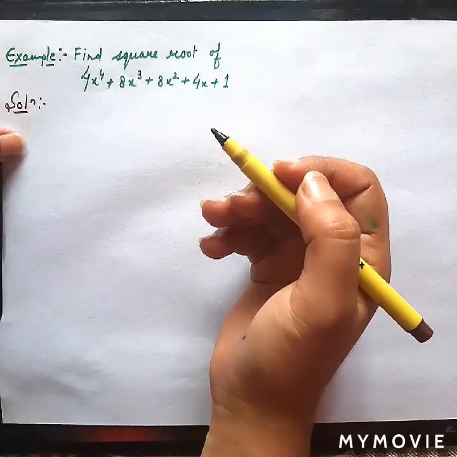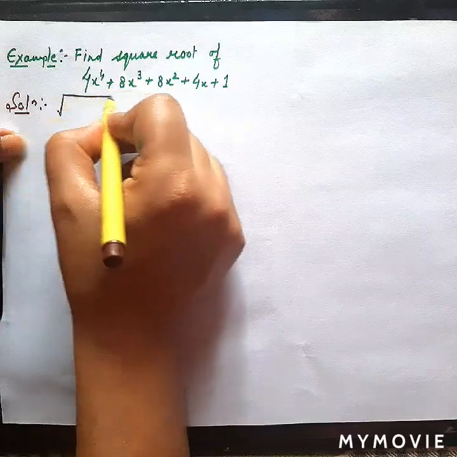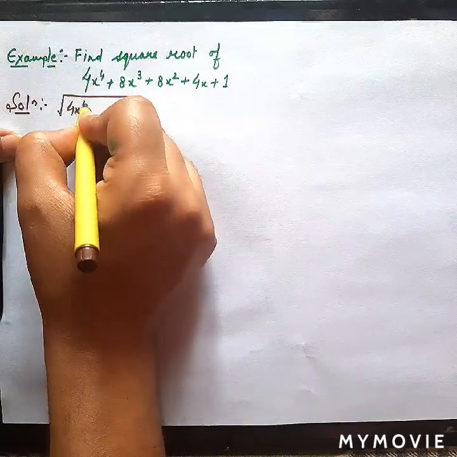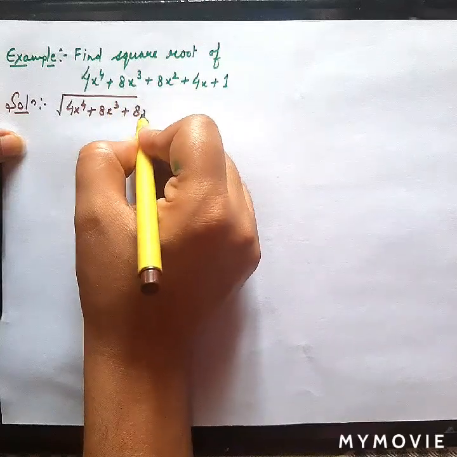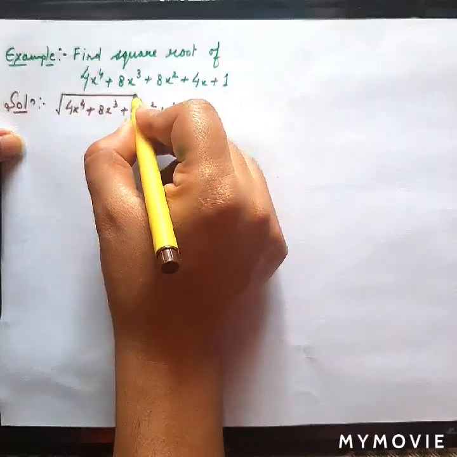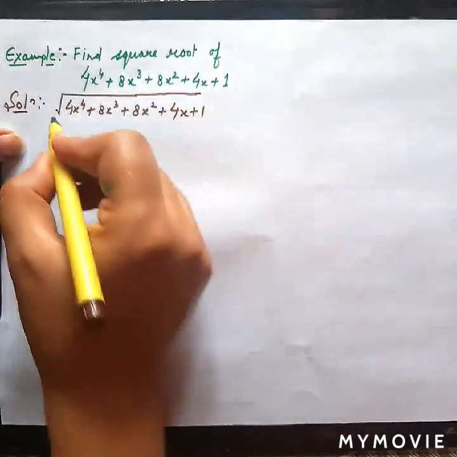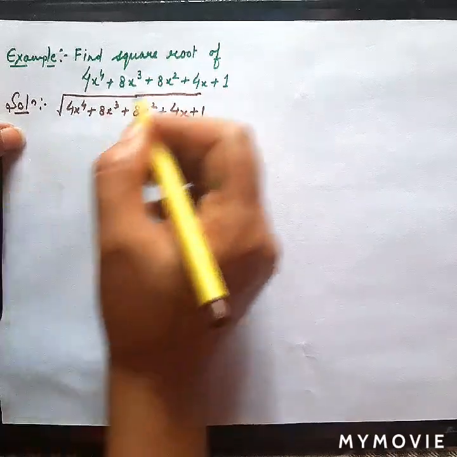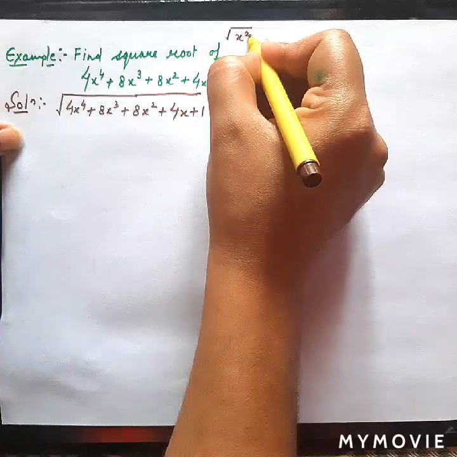So my first method is, first of all, we need to find the square root of 4x^4 + 8x^3 + 8x^2 + 4x + 1, right? Whenever we write square root, I have already told you the meaning of square root.